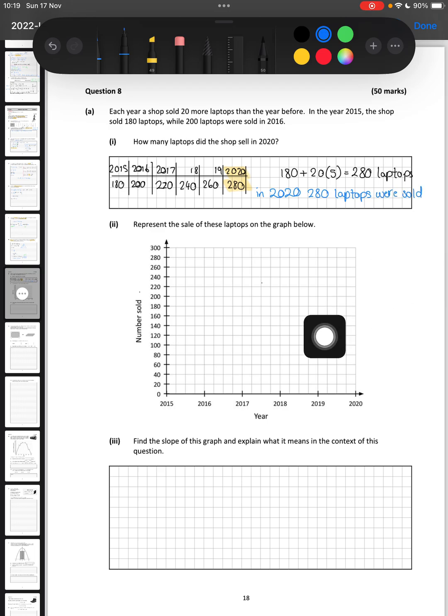Okay, then they ask us to represent the stuff on a graph. Now remember, when you're increasing by a steady amount every year or every term that you go up, we're looking at an arithmetic sequence, okay, an arithmetic pattern or a linear pattern. So if I look at this and it has a constant first difference of plus 20, plus 20, plus 20, plus 20, plus 20, that means that on my graph here, I'm going to have a straight line.